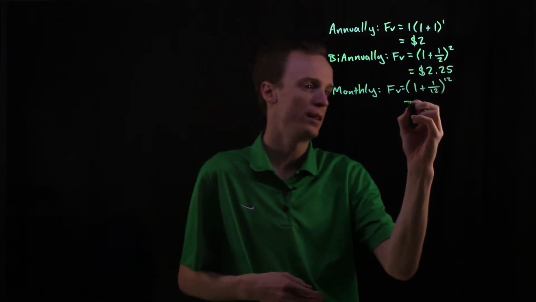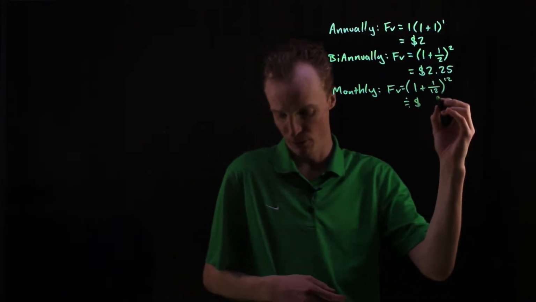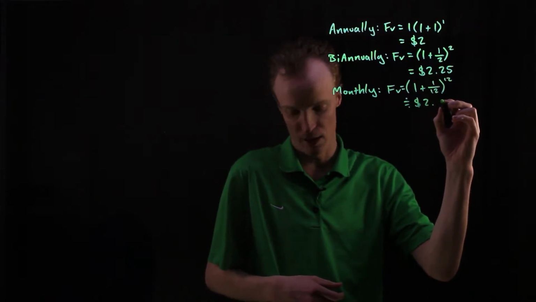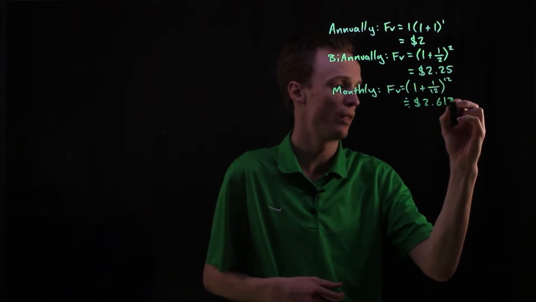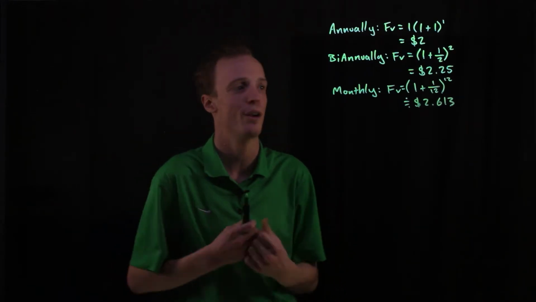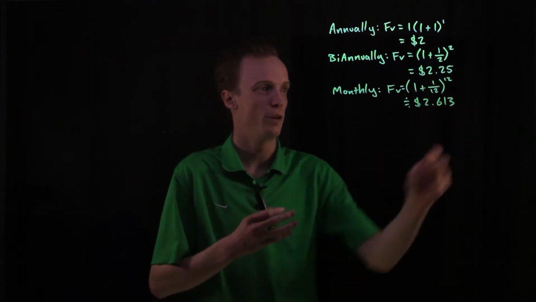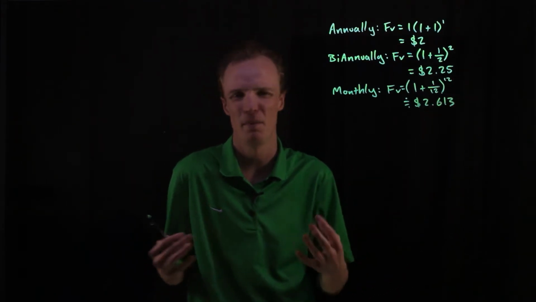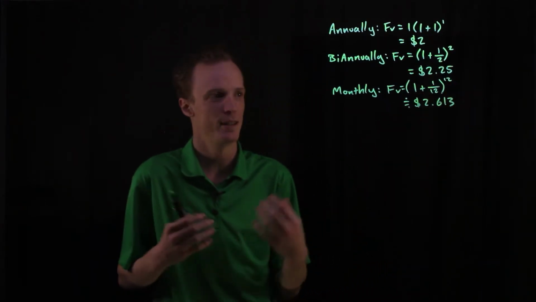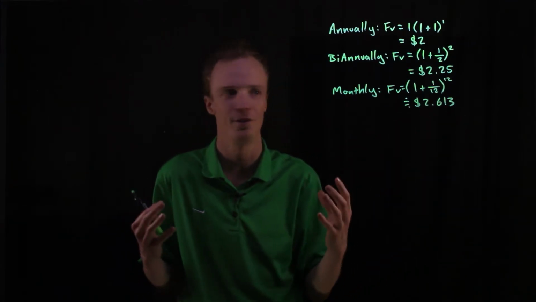Now, if I put this into my calculator, it'll get me a return of approximately $2.613. I'm going to start rounding to more decimal places so we can see exactly what's going on here. Now, just looking at this, I've had a fairly substantial growth here from what I had last time. Maybe not as much as what I was hoping for, but so far so good. It seems like if I continue increasing this it's just going to continue growing larger and larger.